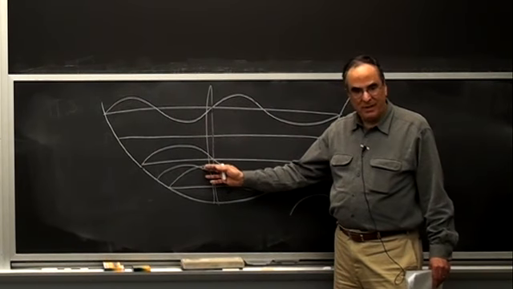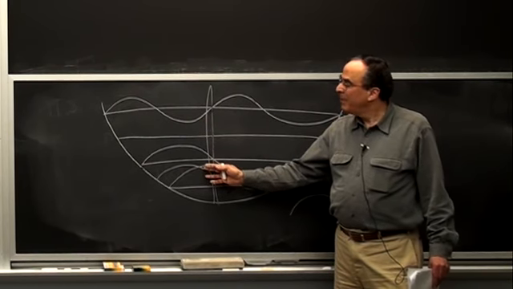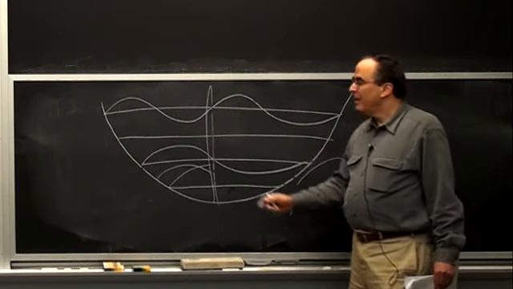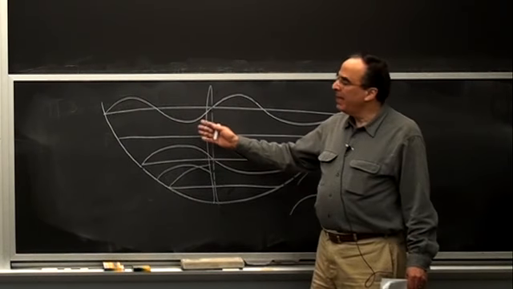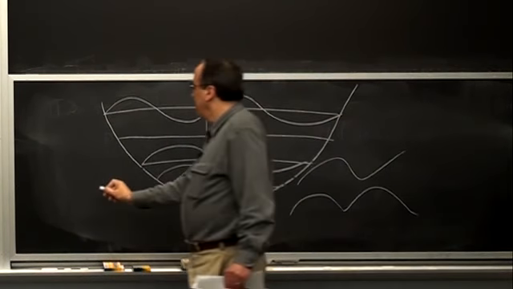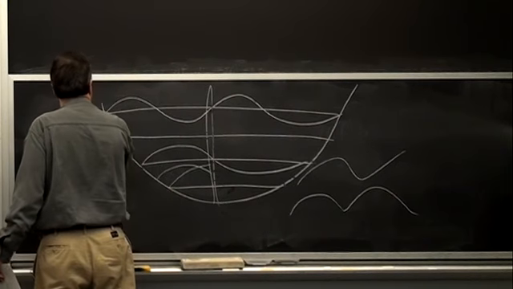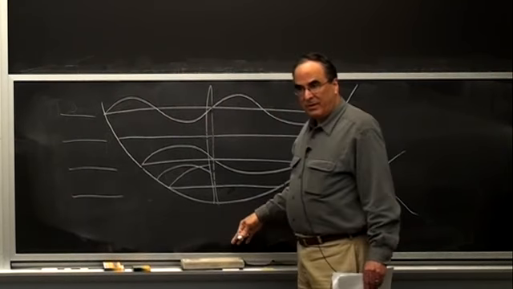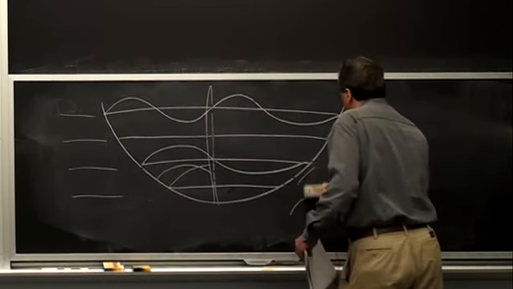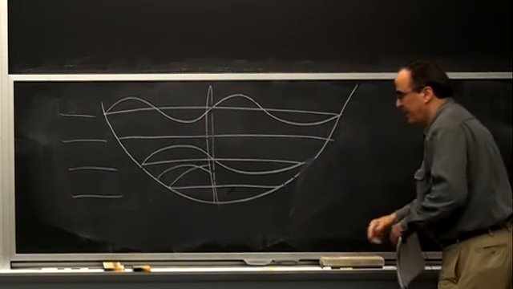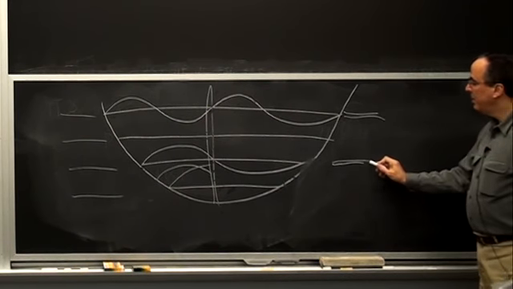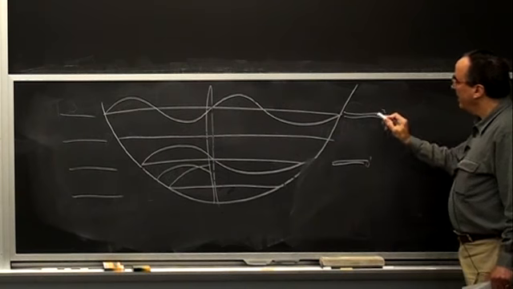The lowest level will have no nodes, but it will happen to be almost perfectly degenerate with the next level that has one node. And the same thing happens here. This next state gets pushed up, and so what you end up having, instead of equally spaced levels, as you did without the barrier, you have levels which arrange themselves like this: 0, 1, 2, 3.